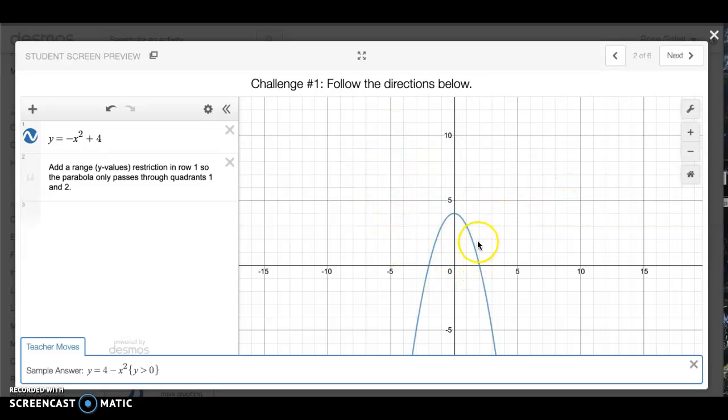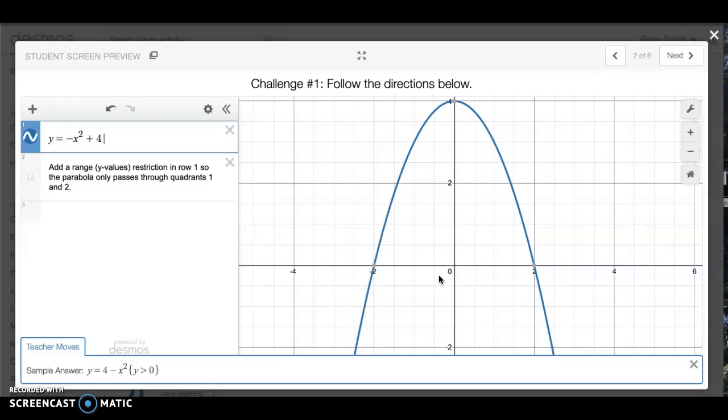We only want the parabola to exist in this quadrant and this quadrant, so just this part of the parabola, and we want to erase everything below the x-axis. So how can we do that? By adding a range restriction, or y value restriction.